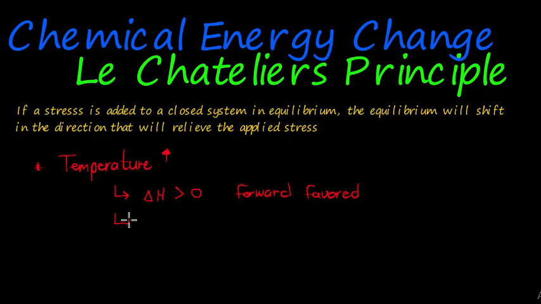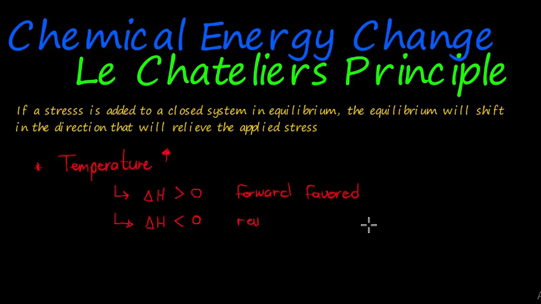If I have, however, an exothermic reaction, how much energy do I need? Well, I don't need energy, so it's a negative value. I am expelling energy from the system, or releasing energy, which means if temperature is increasing, I'm adding more products to the reaction, which will favor the reverse reaction, because products also react with one another to produce reactants.